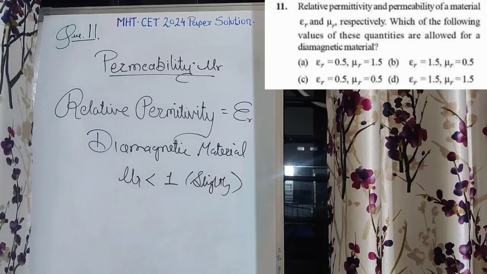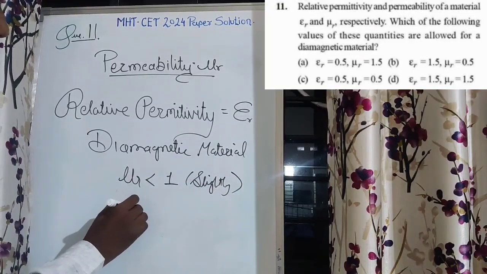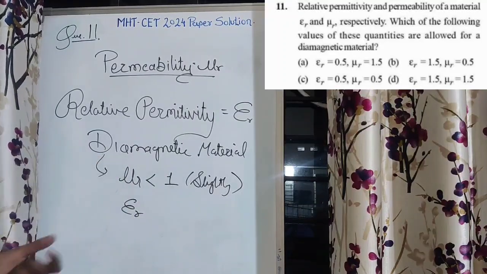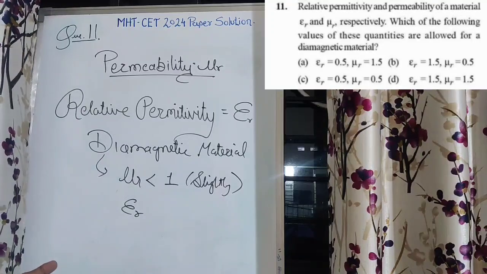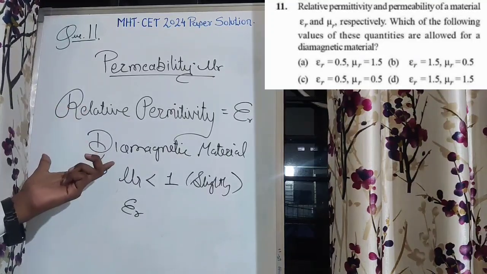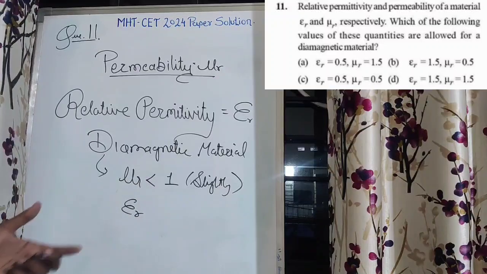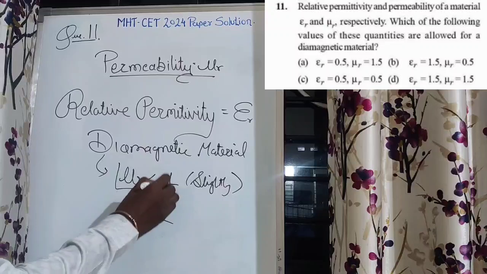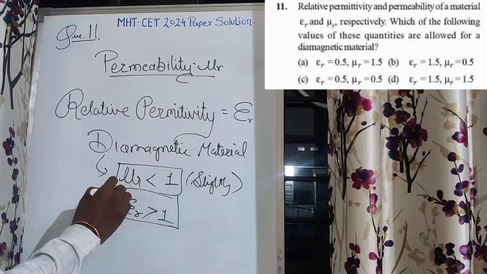And the value of the relative permittivity epsilon r, for any material, whether diamagnetic or paramagnetic, does not depend on it. For any material, it is always greater than 1. This is a simpler question, depending on whatever you know.